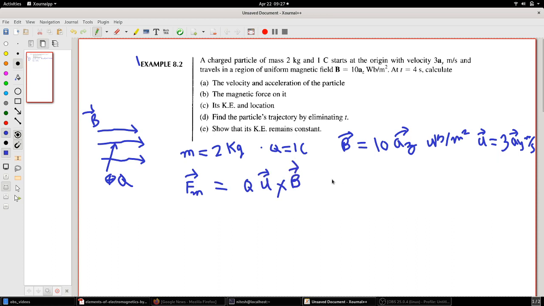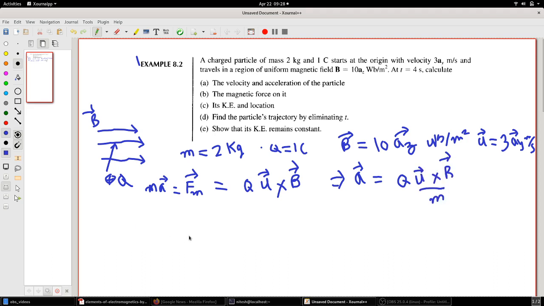So force is mass into acceleration, so this is the same as m into a. So a will be equal to Q U cross B.